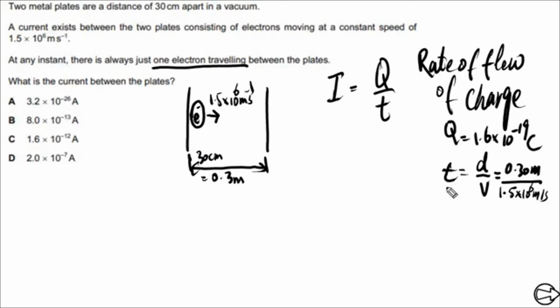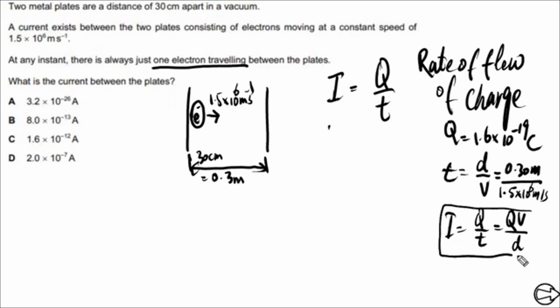So we have the value of time and the value of Q. If we simply divide, we can find the current. So I will be equal to Q over T. Otherwise, we can say this will be Q V divided by D. If we plug in the numbers, we can find our answer.